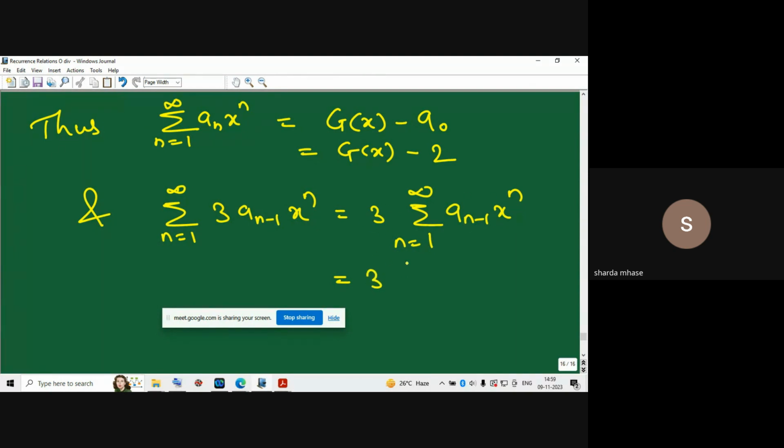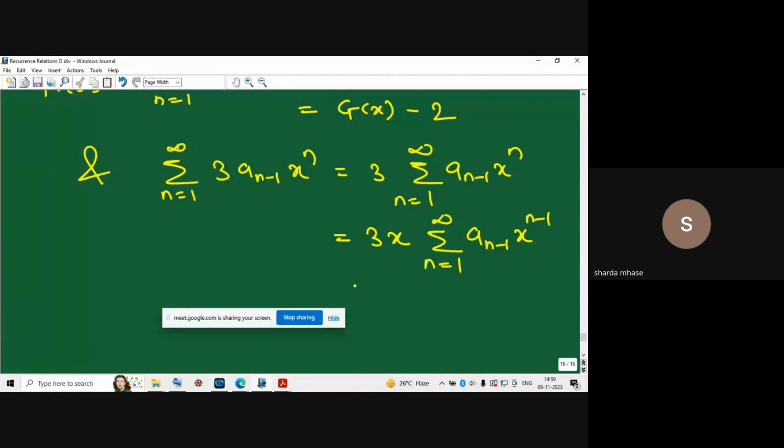I'll also take x common. One x we will take common. Sigma n varying from 1 to infinity a(n minus 1). Now this power will reduce by 1, that is n minus 1. So what happens? This is 3x. We will rearrange this: sigma, this is 1 to infinity, so I'll make it 0 to infinity.